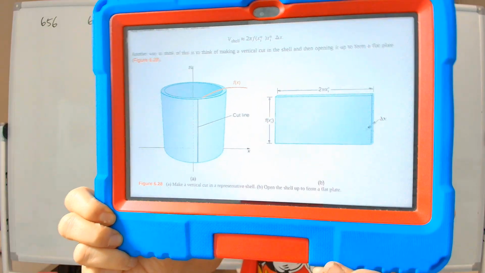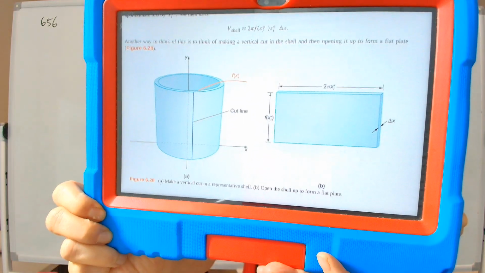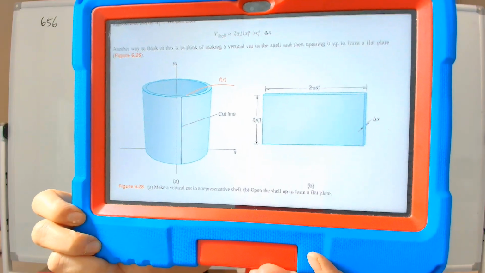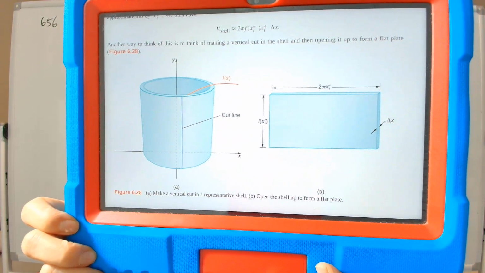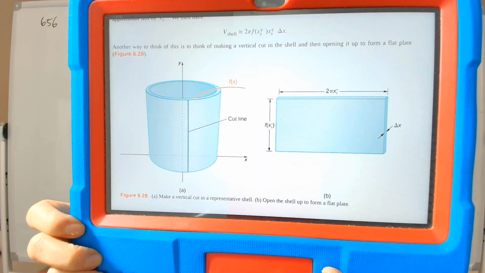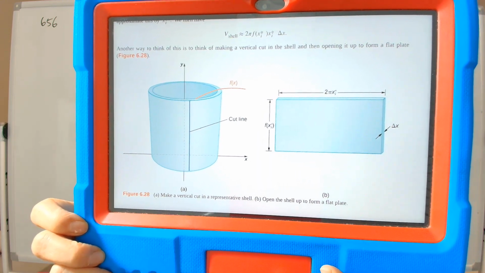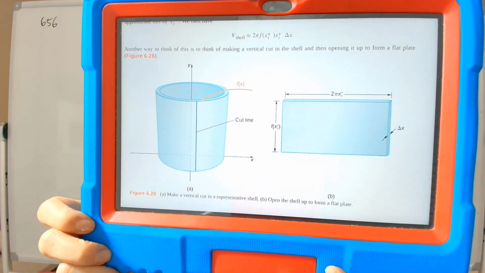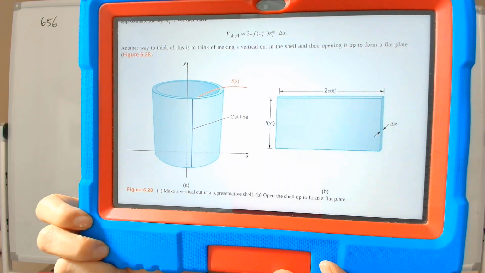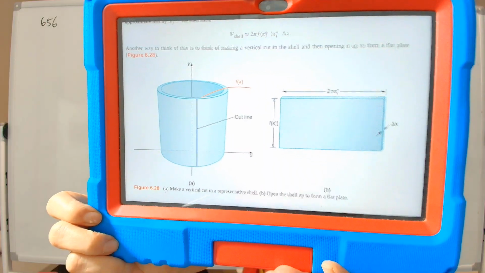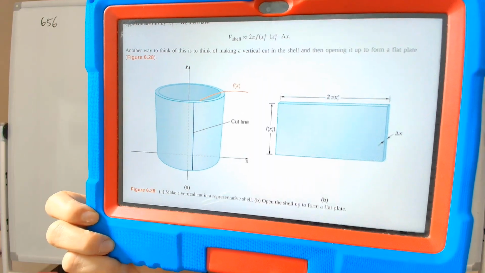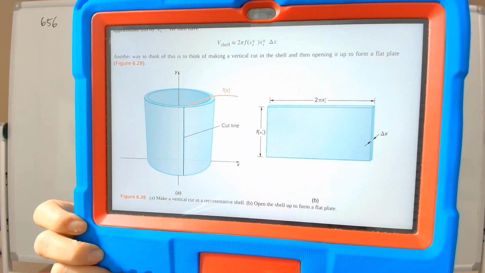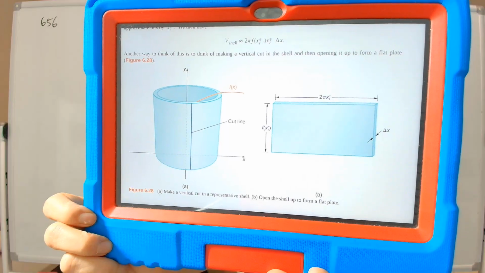In other words, what happens when you unroll this thing and it becomes just a flat slab? Then its height is f of xi, where xi is the radius of the shell, and the circumference of the shell is 2 pi r, which is 2 pi xi, and the thickness of the shell is delta x.